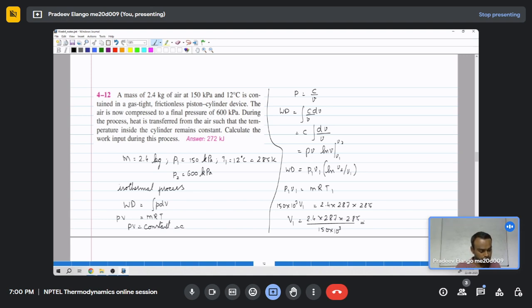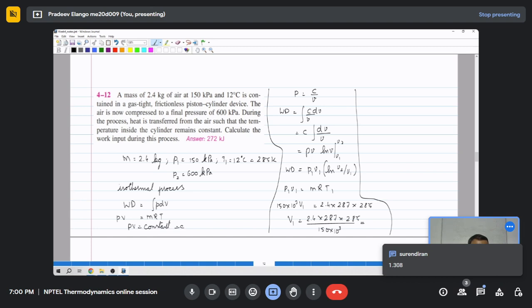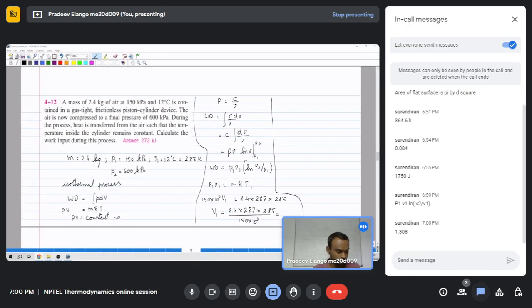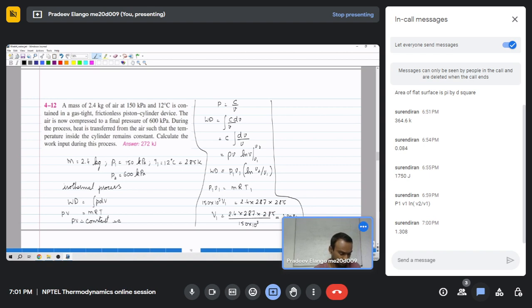So the value of V1 can be calculated. Yes, it is 1.308 meters cube.